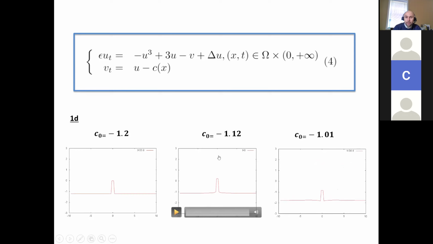And for a value in between, I have propagation, but as you can see, at the center you have small oscillation, then large oscillation, small oscillation, then large oscillations.